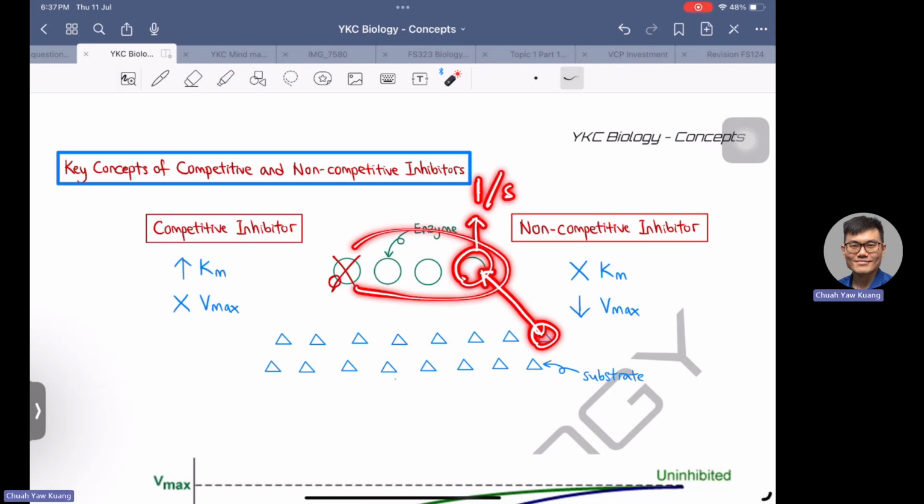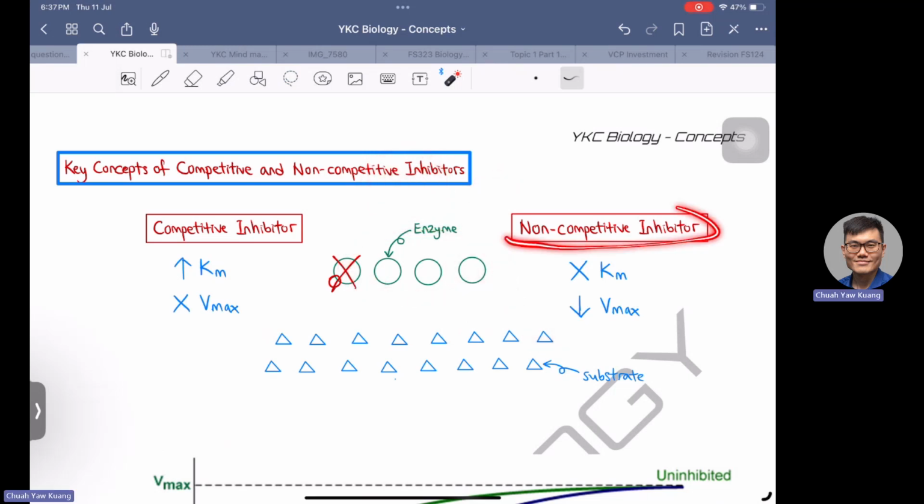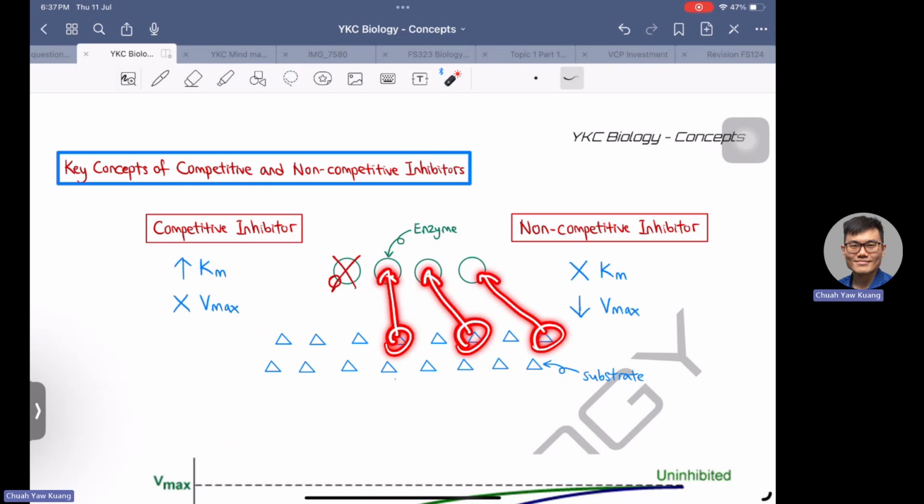So with 4 enzymes, originally, it will be 4 per second. That is the maximum rate of the reaction. But now we have added the non-competitive inhibitor, so one enzyme has been shut down. So every second, only 3 substrates can bind to the enzymes and produce 3 products per second.